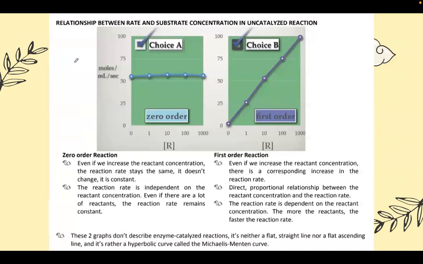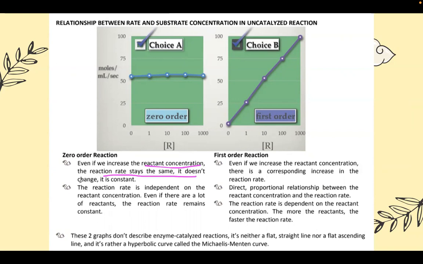So next, this is the relationship between rate and substrate concentration in uncatalyzed reaction. We have 2. Number 1 is your zero order reaction and number 2 is your first order reaction. So ano po bang sinasabi nito? Pakitandaan po ng maigi. Sa zero order reaction, even if we increase the reactant concentration, the reaction rate stays the same.